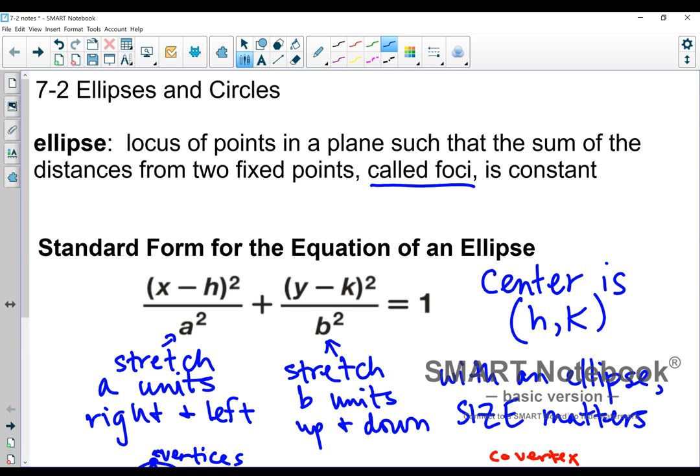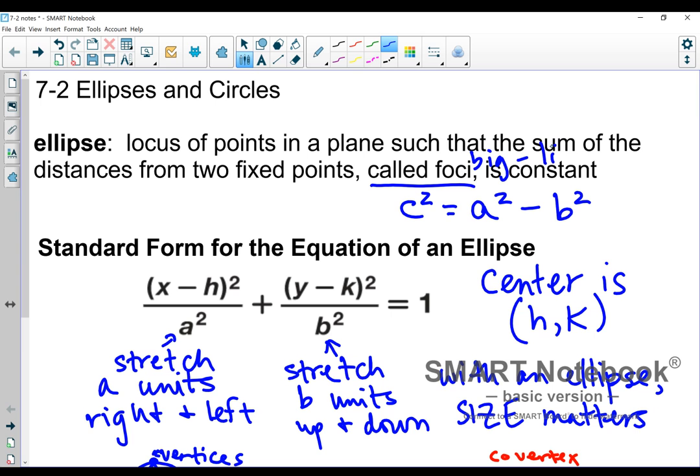So those 2 fixed points, the foci, that was kind of important to the definition, but not so much when we're graphing it, but we care about it because it's important to the definition. And so the foci, we're going to use the letter C to represent that. And C squared is going to equal A squared minus B squared. And I've told you not to get hung up on which one's A and which one's B. So we need to always subtract them.